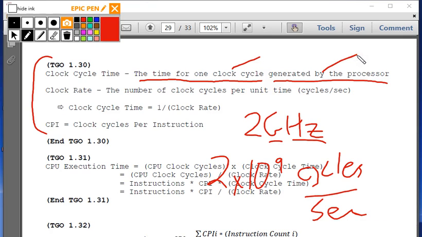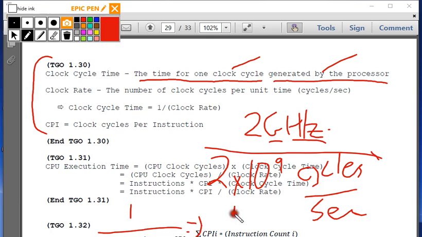That's what we mean by one clock cycle generated by the processor. To find that, we take 1 over 2 times 10 to the 9, because it's one cycle. So how many seconds per cycle? That becomes 1 times 1/2 times 10 to the negative 9 seconds per cycle.